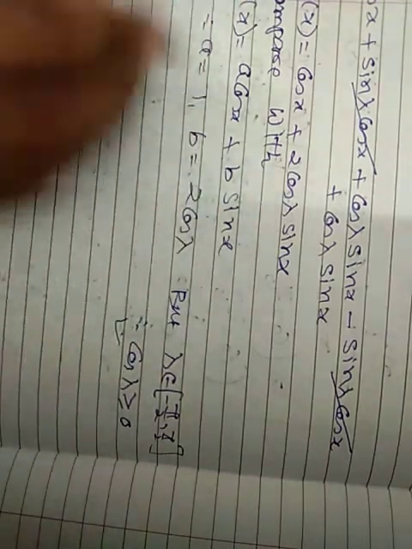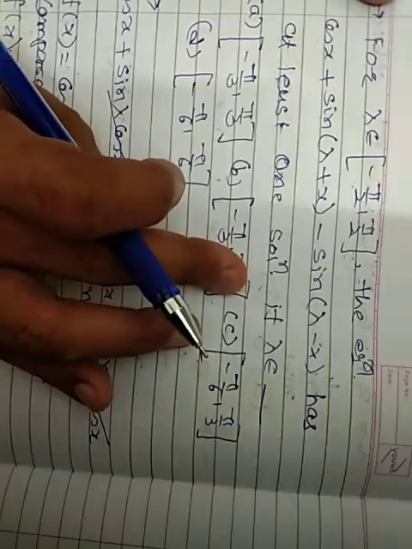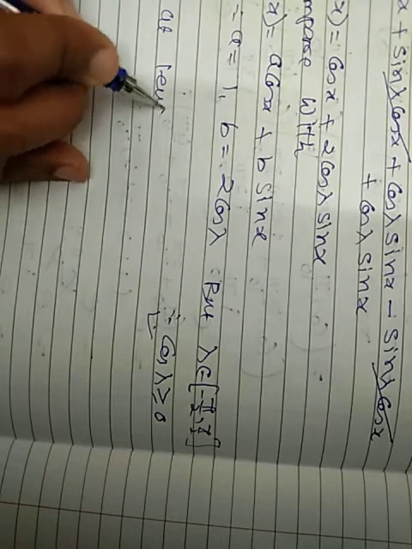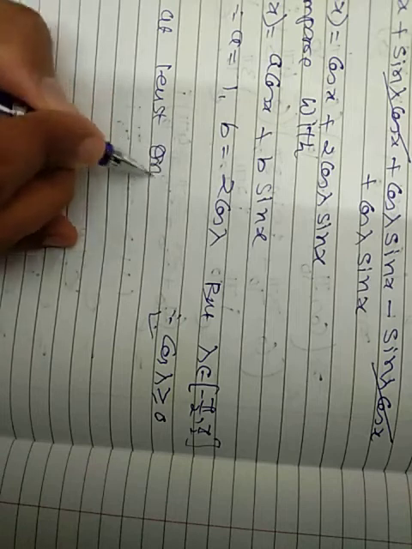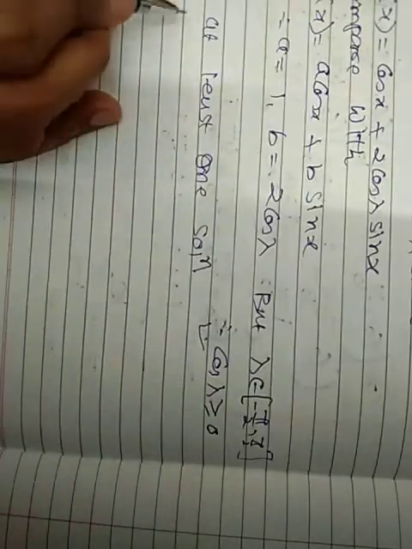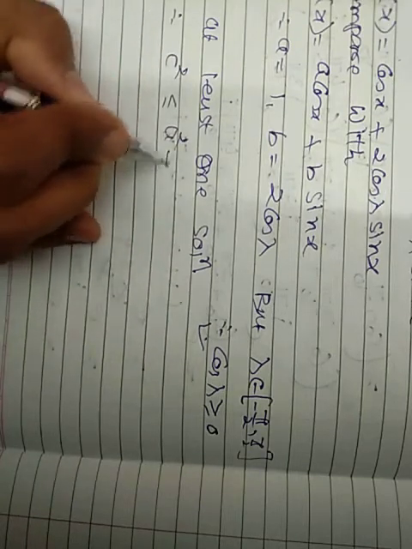Now the solution of this one, at least one solution. Therefore c square is less than or equal to a square plus b square.